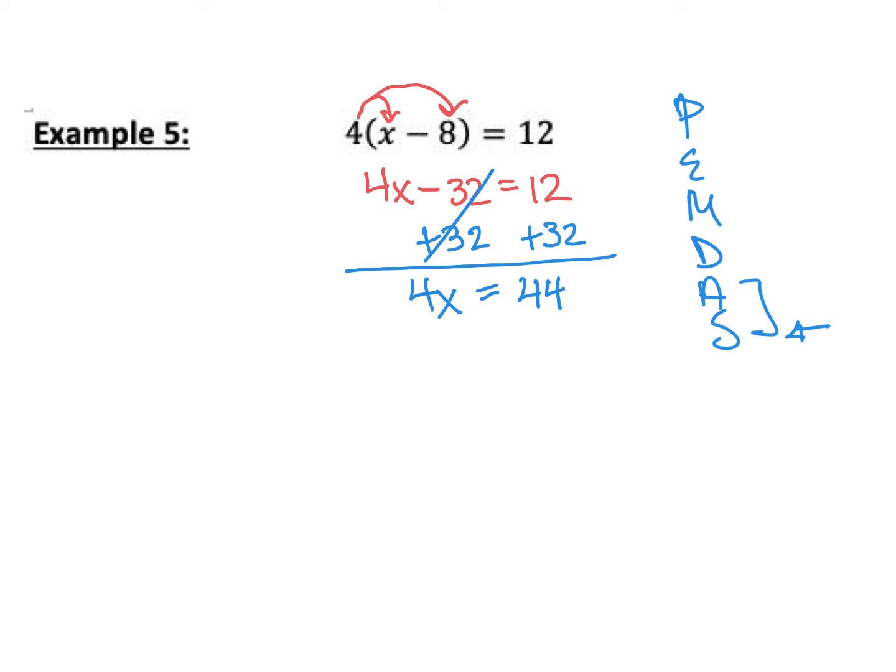Next, we're going to check and see if we have multiplication and division. We have multiply. So then we are going to divide. We're going to divide by 4 because 4 and x are multiplied. Divide by 4 on either side. 4 divided by 4 is 1 and it has x. 44 divided by 4 is 11. So then our answer is x equals 11.